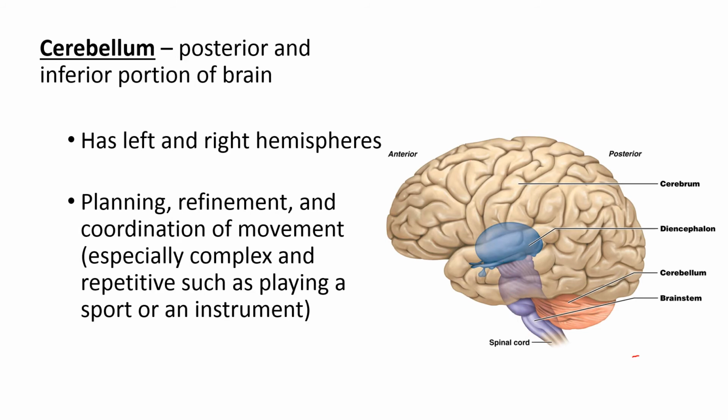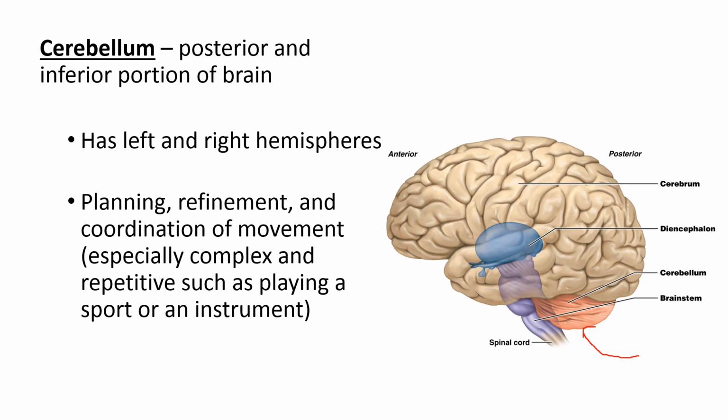Finally, we have the cerebellum here. It's the posterior and inferior portion of the brain. And there are two hemispheres for the cerebellum. You have the left, which you're looking at here, and the right, which would be on the other side of your computer screen. Your cerebellum has a lot of functions that are related to movement. For example, it's involved in your ability to maintain your balance and posture.